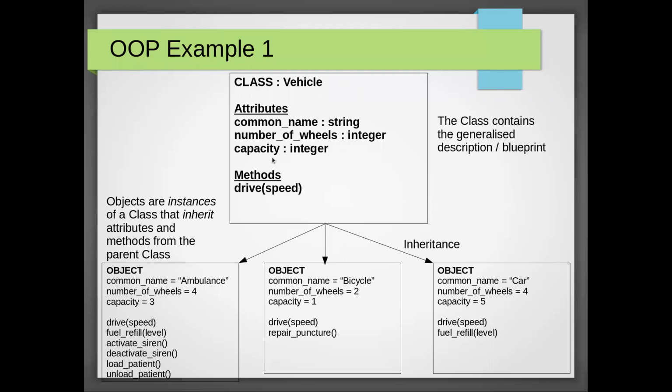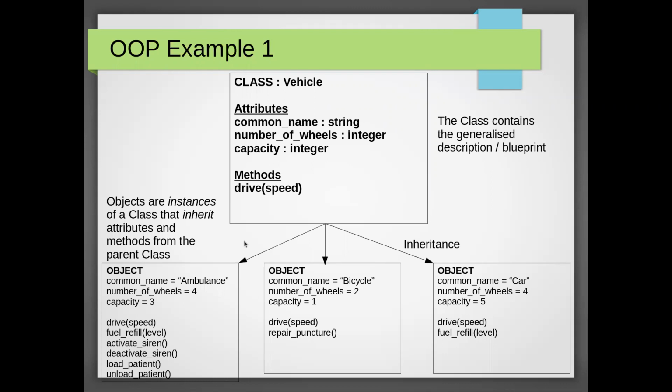The general description is known as the class. Whenever we want to create an instance of this class that we can use, we use a process called instantiation, and we say, okay, I want to create one of these things now, and then we can use that object, and we can create lots of copies of these objects.